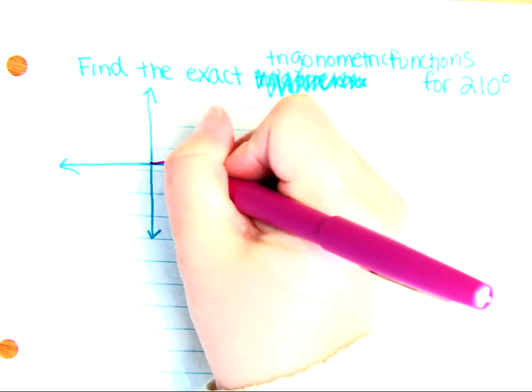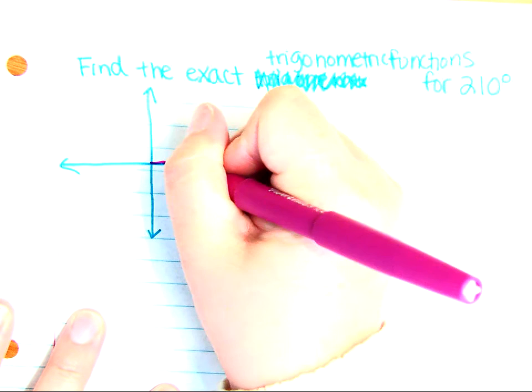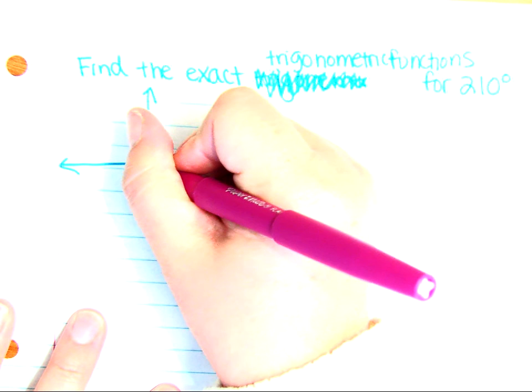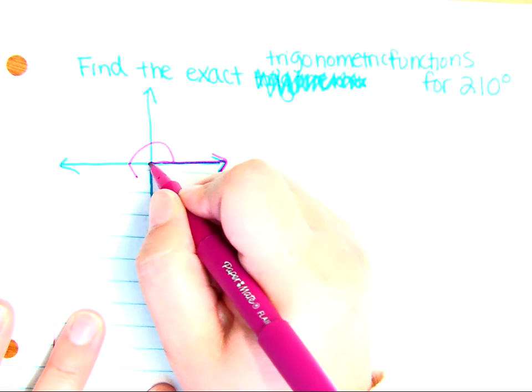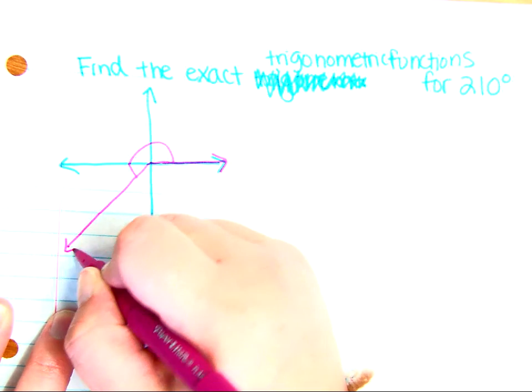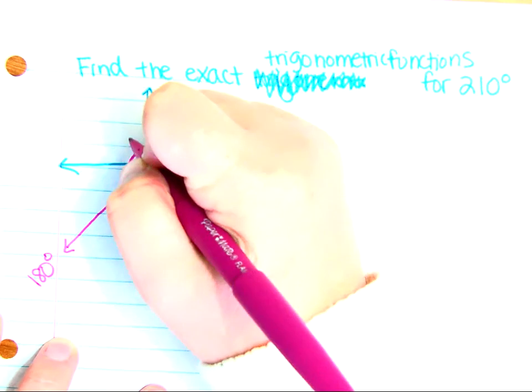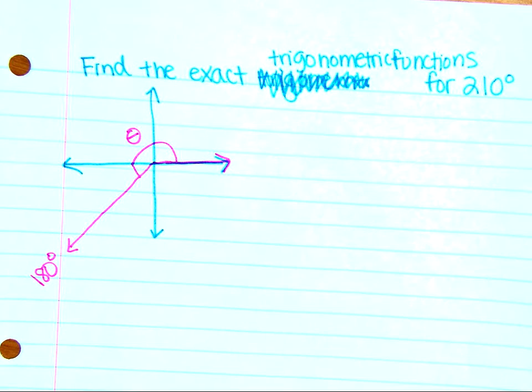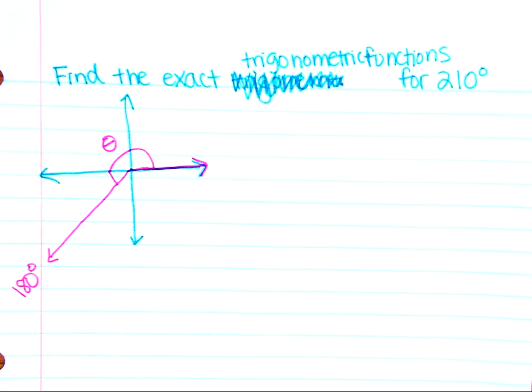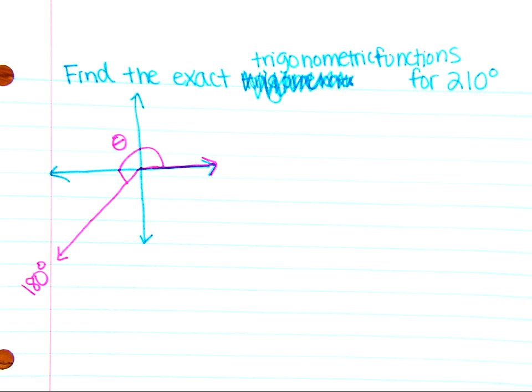Initial ray. I know that's 90, 180, so it's got to be in quadrant 3. I'm going to go ahead and label that as 180 degrees. There's my theta. In order to do this, I'm going to have to find a reference angle because for the reference angles, I'm going to know their 6 trig values.